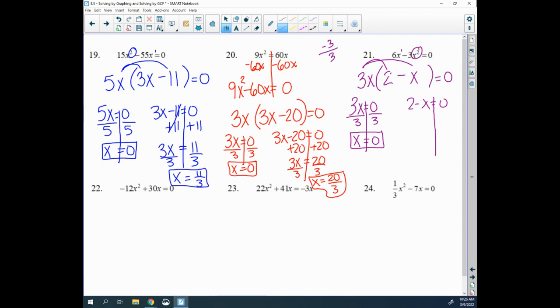Or what a lot of people do is try to get rid of this 2. Now remember, this is a positive 2, so to get rid of it, you need to subtract it. And then what would we have to divide by to get rid of that negative? Negative 1. Good. Like I said, when you've got that 2 minus x equals 0, you can also just add x to both sides, and you'll get to the same answer. So either way works.